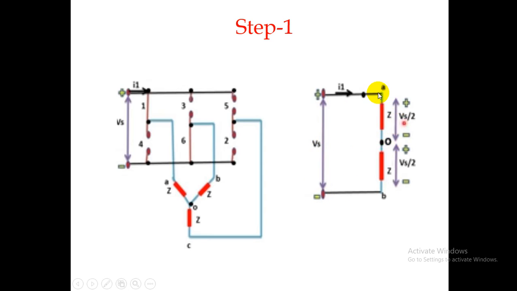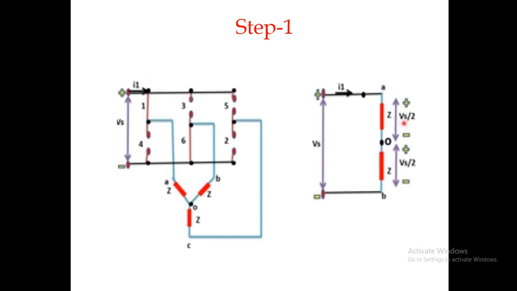That's why the voltage drop across this part between A and O will be Vs upon 2, half of the supply voltage, and the voltage drop across O and B is Vs by 2, half of the supply. When we add these two, we will get the voltage rise value Vs. Like that the KVL is obeyed here.